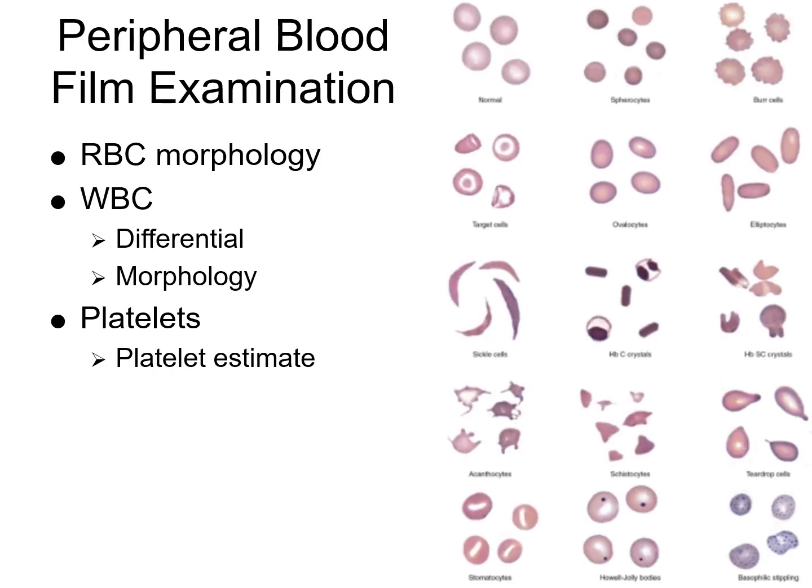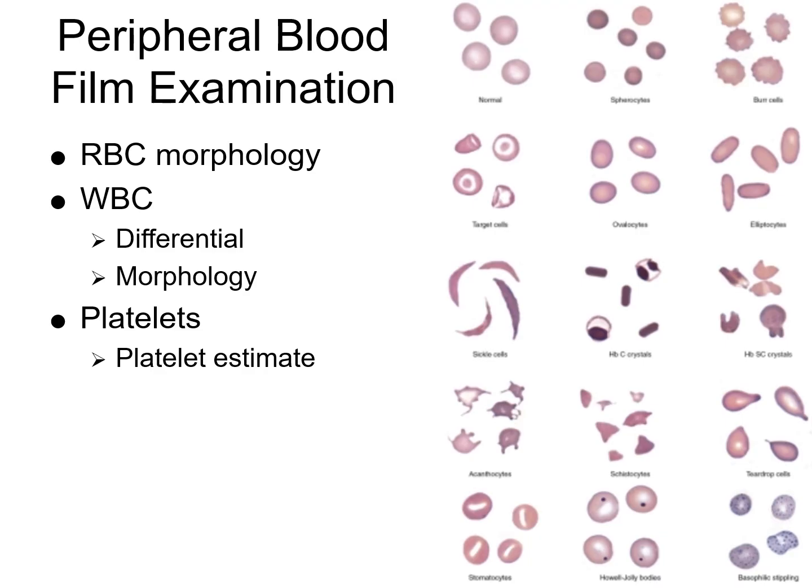For the peripheral blood smear, we're going to look at the red blood cell morphology, white blood cells, and platelets. For red blood cell morphology, we're going to examine the red blood cells on the peripheral blood smear. This helps with diagnosis of anemia. It also helps identify any abnormal shapes, sizes, and any inclusions that can help guide the classification and etiology of these anemias.